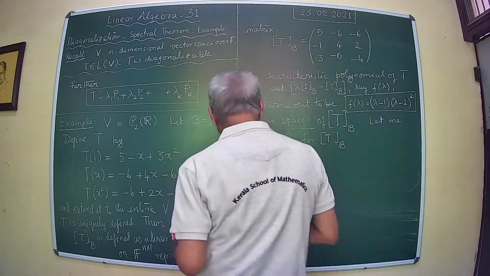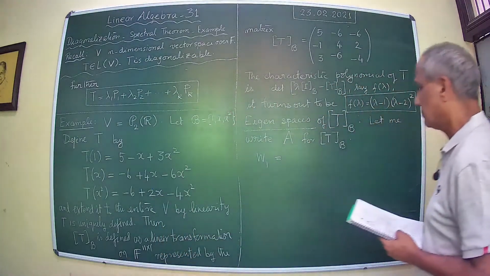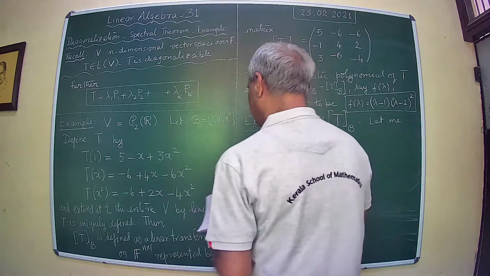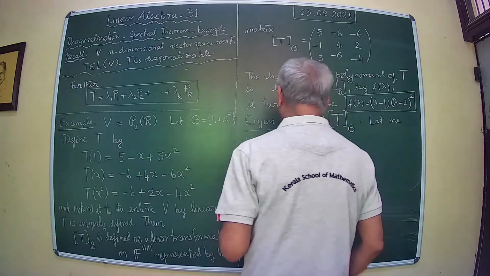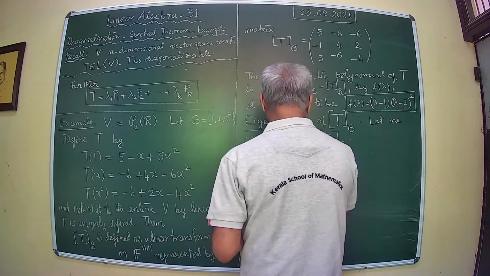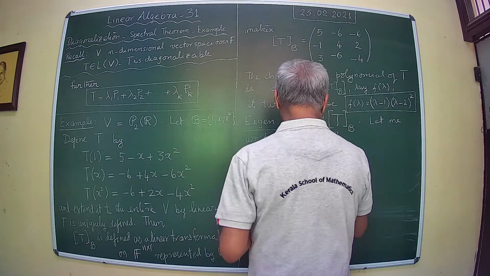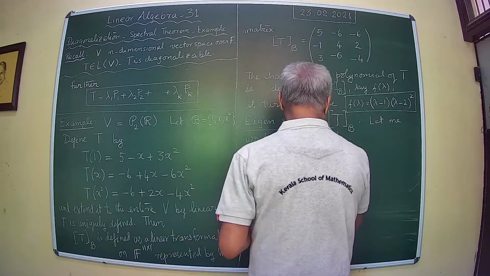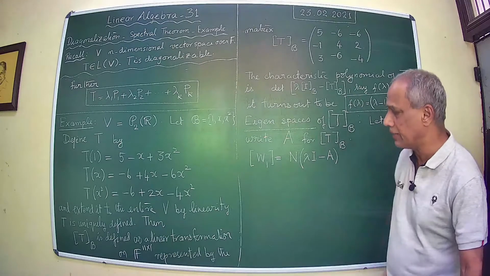Now let us recall our notation. W1 is defined as the null space of I minus A. We are working in F n cross 1.